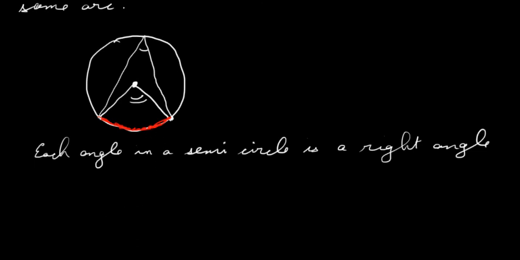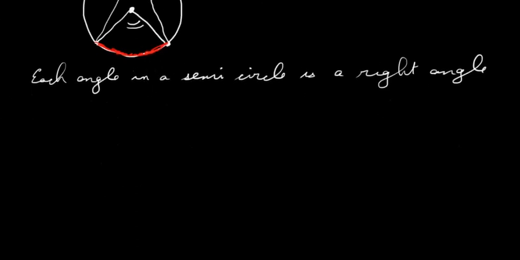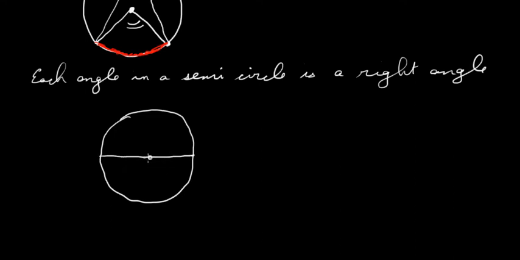In other words, if you have a circle and a semicircle here, and this is the center, any angle in the semicircle is going to be a right angle, because this here is 180 degrees.